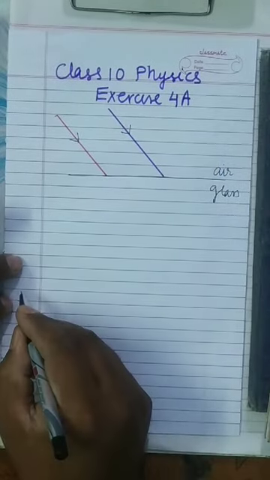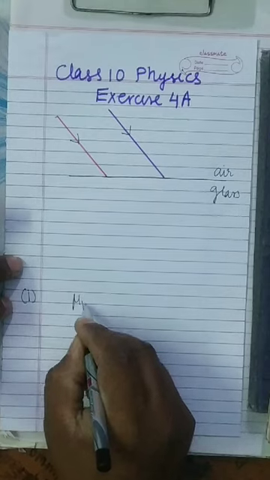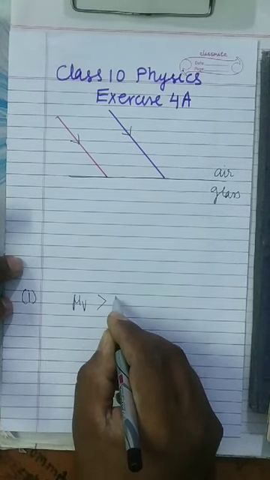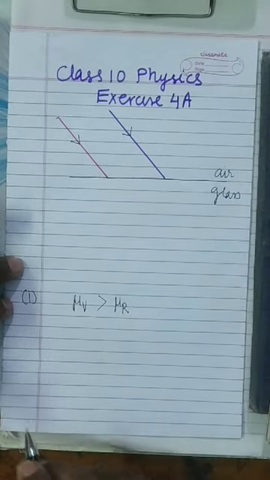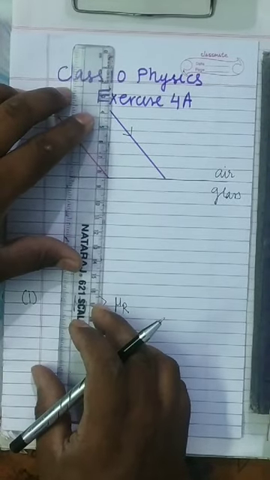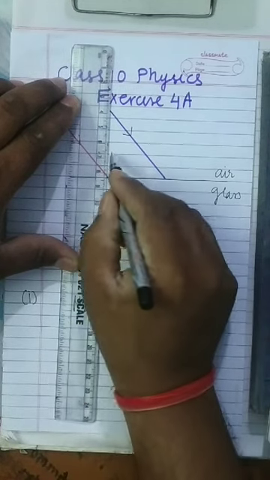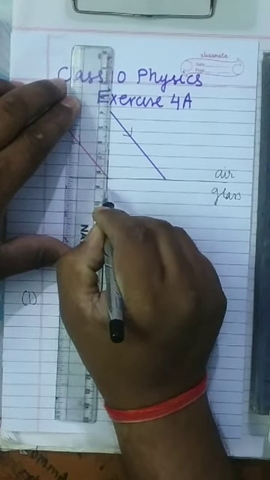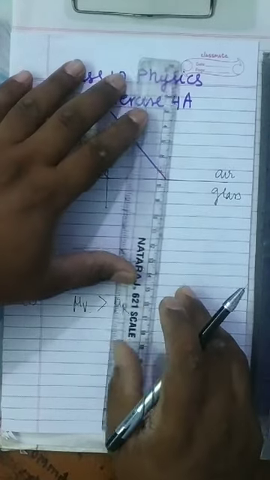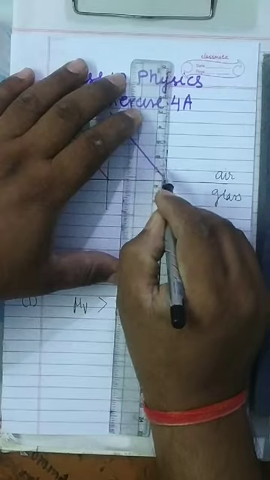Since we know that the refractive index of violet is more than the refractive index of red, which one will bend more? The red one will bend less and violet will bend more. Here this is the normal. You will show greater bending in the violet ray.